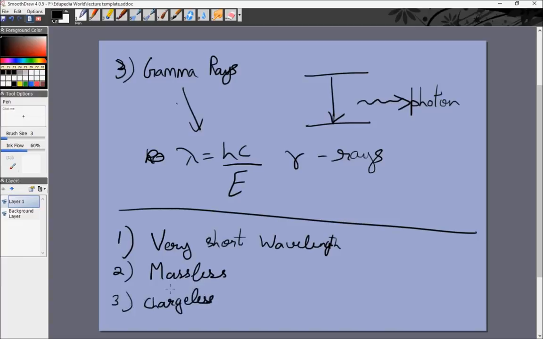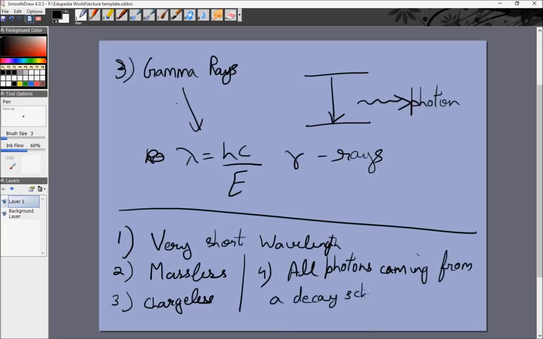So they cannot be deflected by electric or magnetic fields, and all photons coming from a decay scheme have the same energy. Also, because they are electromagnetic waves, they travel in vacuum at the speed of light.